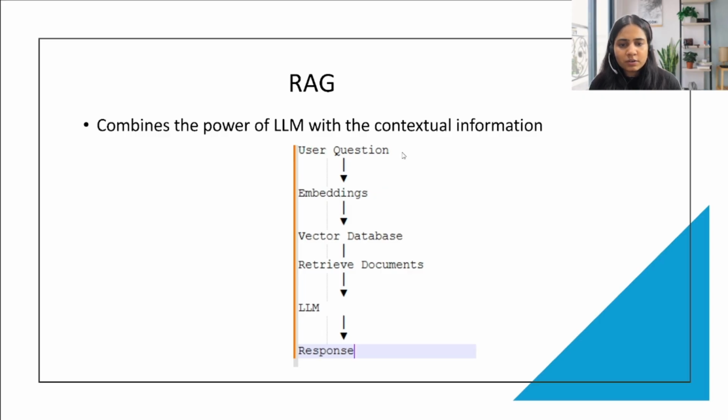So if the user asks any question, it goes for the embedding, and that goes to the vector database, which matches the relevant documents or chunks. Then it retrieves those documents and sends that data to the LLM model, and the LLM responds according to the documents we shared, right?